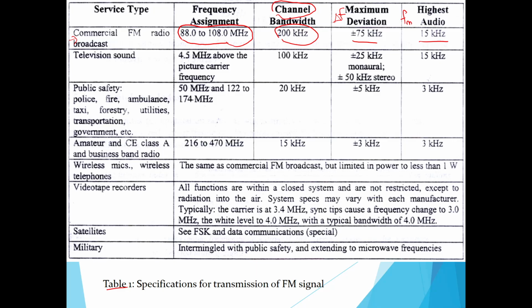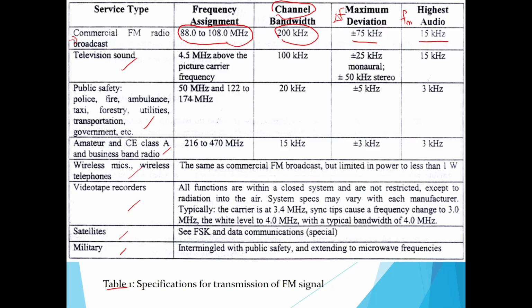The rest you can read on your own: television, public safety applications, amateur radio, wireless mics and wireless telephones, video tape recorders, satellite and military applications. They use different frequency assignments. But the first row is important.